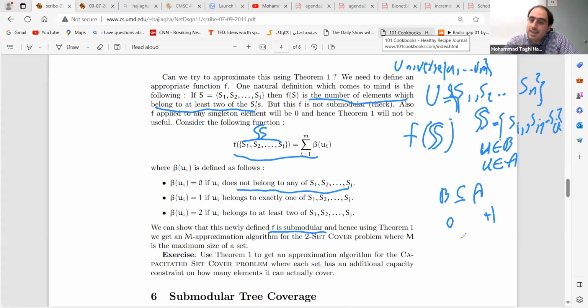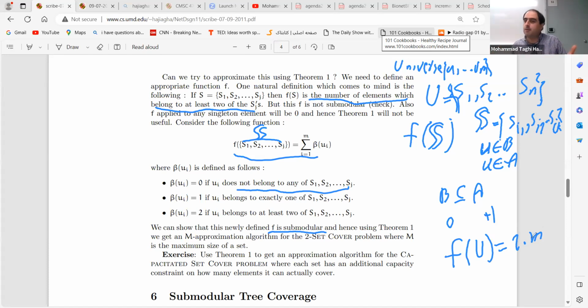Now, what would be the F of U? F of U essentially would be 2 times M. By the way, you should have this property at the beginning, that each element should come in at least 2 sets, otherwise the problem does not make any sense.